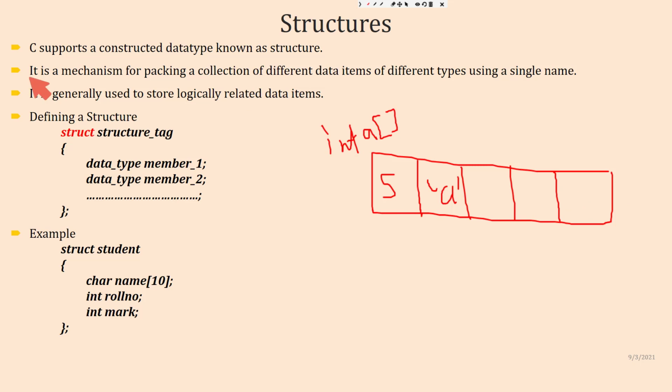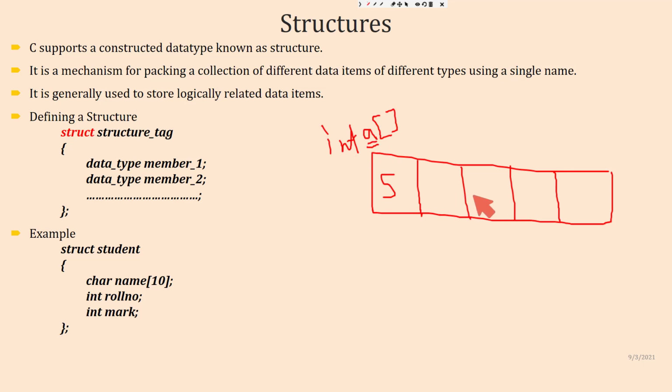So here we just read the second point. It is a mechanism for packing a collection of different data items of different types using a single name. Here in an array, what happened? We are storing different data items of the same type using a single name. Name means a.